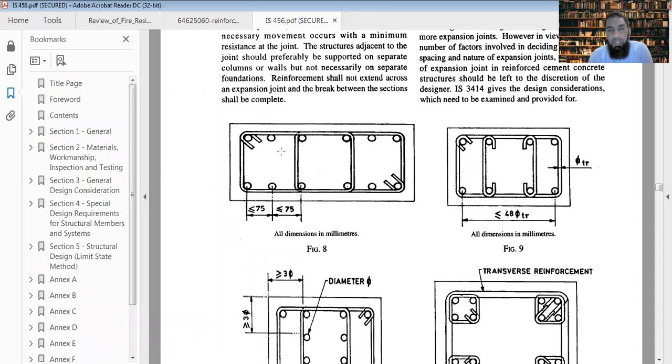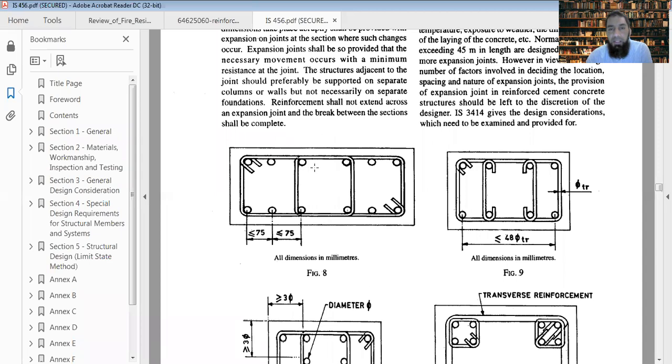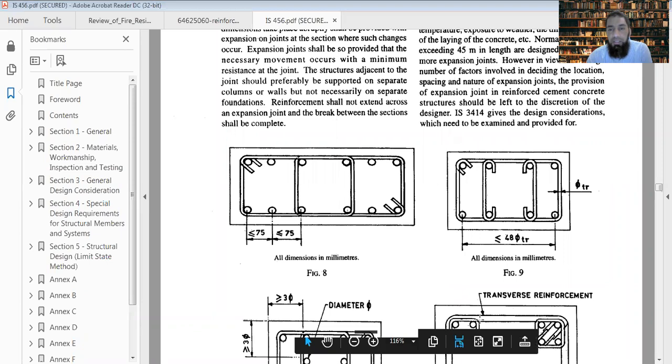One side is quite large and the other side is quite less. And the spacing is around 75 between the bars here. In that case, there are two rings.